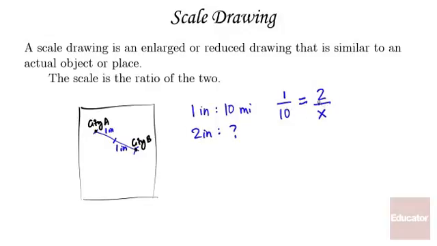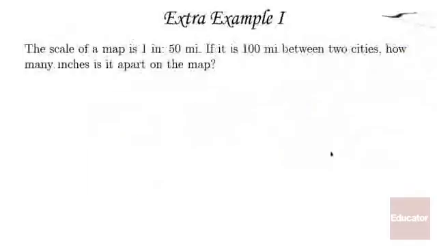So if we multiply across and use cross products, then 1 times x is 1x equals 2 times 10 is 20. Well, 1x is the same thing as x, right? So we know that x is 20. So 20 miles. That means city A and city B are actually 20 miles apart from each other. Okay? So let's go through some examples.